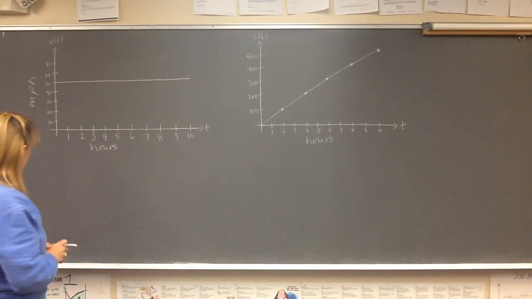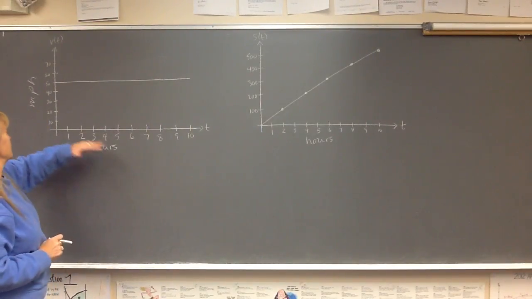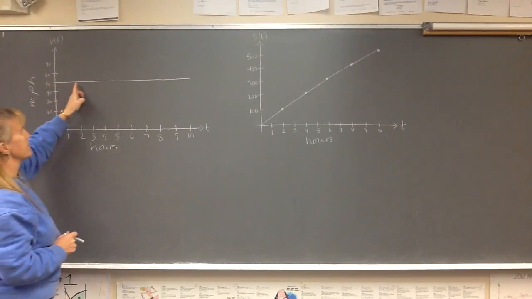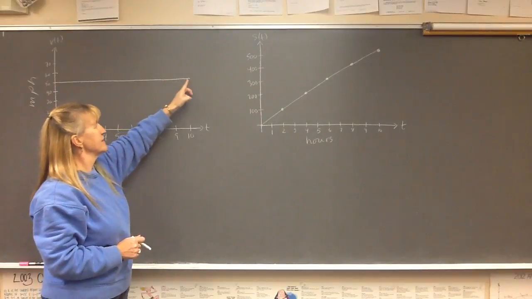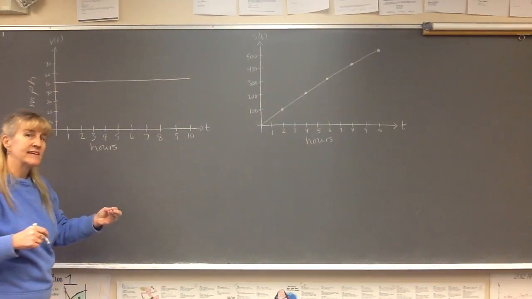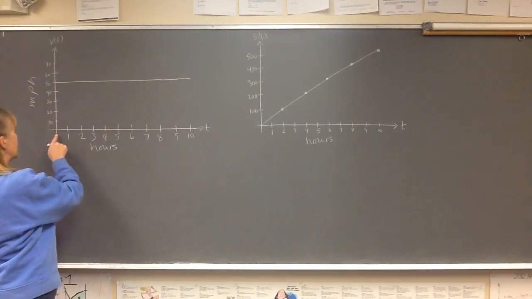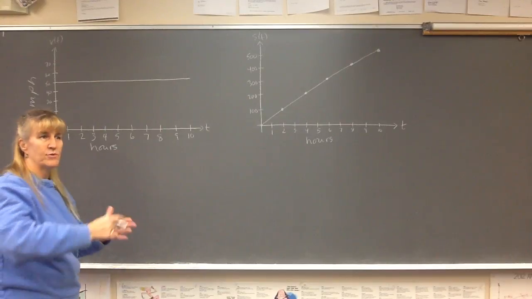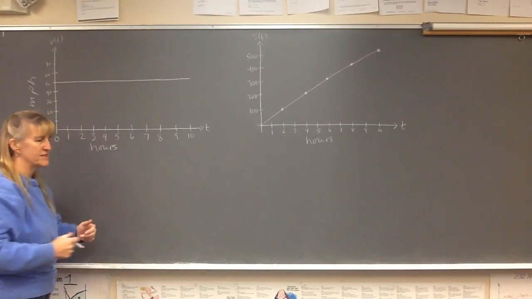And the example that I chose shows something is moving at approximately 50 miles an hour consistently, 50 miles an hour for, it looks like, 10 hours. Now, something that typically gets kids is they wonder how you can start at 0 hours at 50 miles an hour without having reached that speed up to a given time period.